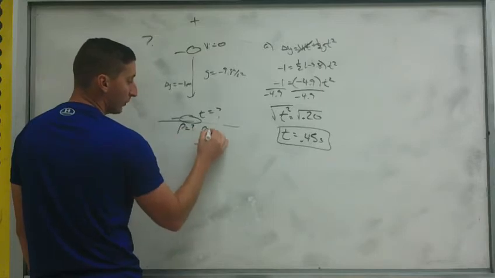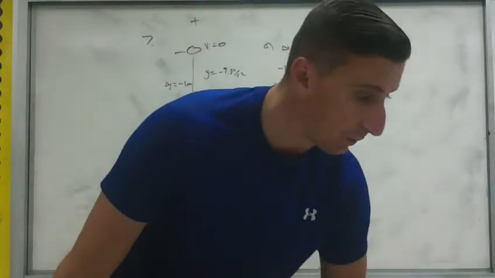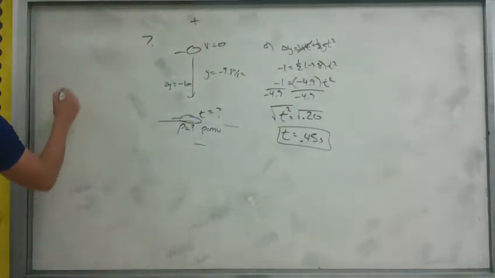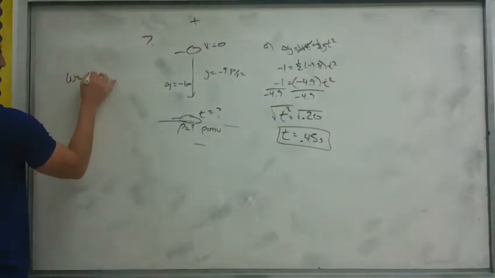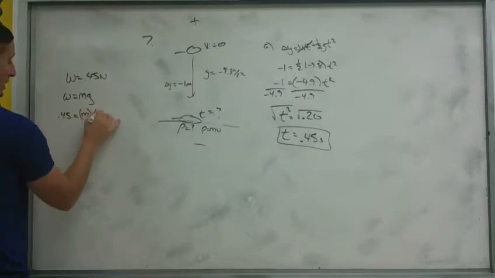Well, momentum is equal to mass times velocity. Well, they give us the mass of the golf ball. Well, it gives us its weight. Weight is equal to 0.45 newtons. So we can find mass. Weight is equal to mg. 0.45 is the weight. Mass is what I'm looking for. g is 9.8, so I divide by 9.8.